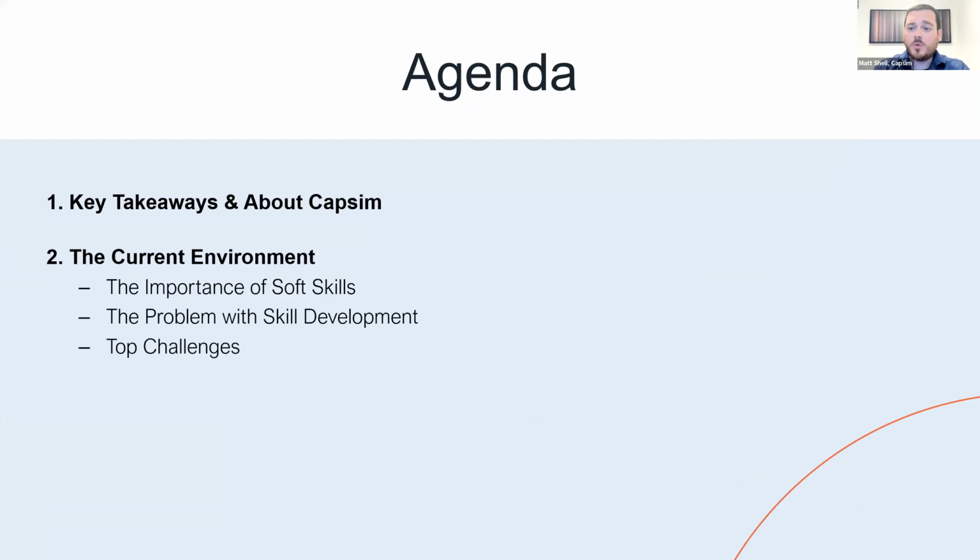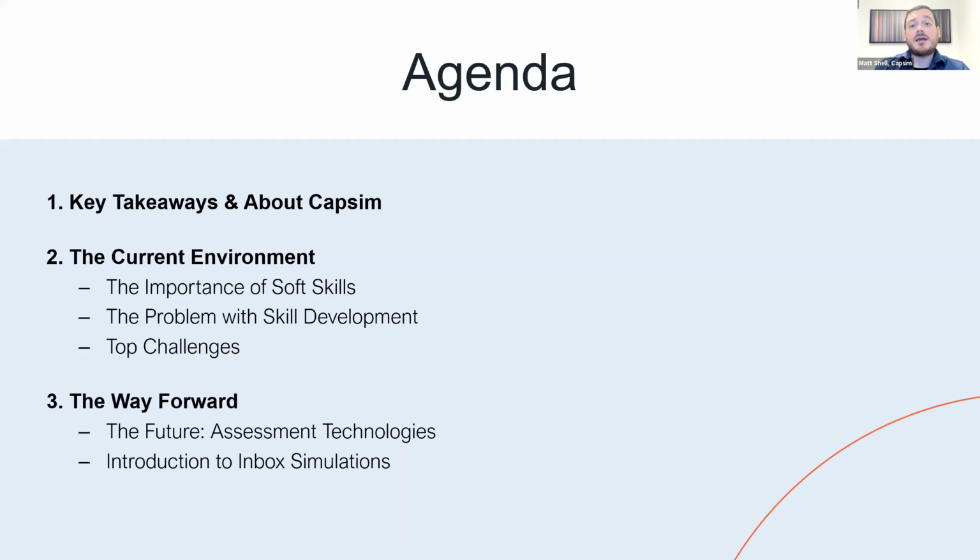And we'll explore a couple ways why we can sometimes hit snags when we try to develop these key skills, and we'll examine some of our current methods briefly. And then after that, I'd like to introduce you all to the way forward with these new experiential assessment technologies we call Imbox simulations. And we'll have some fun interactive moments throughout where you can see how these work firsthand.